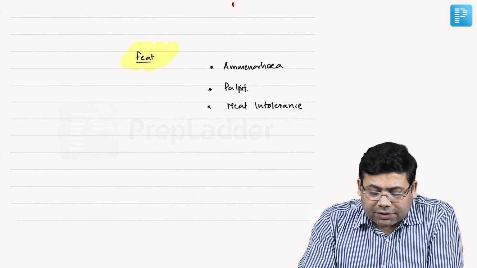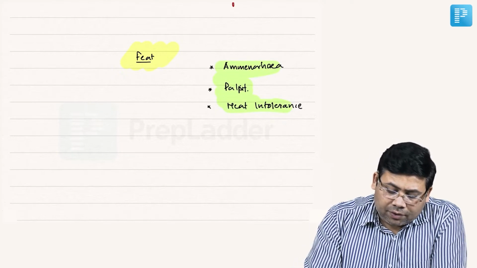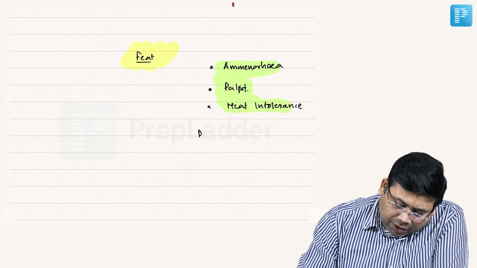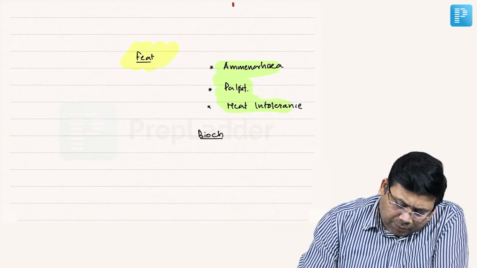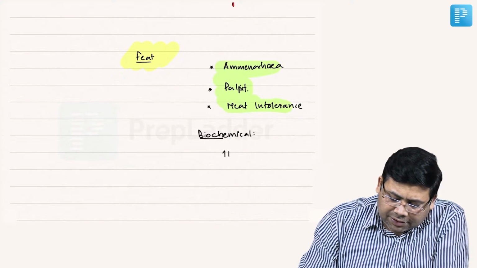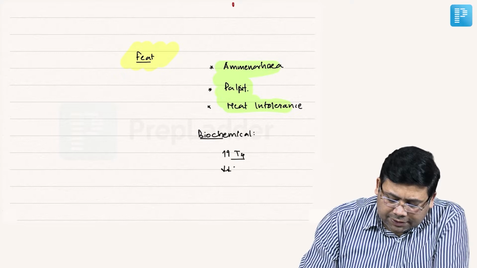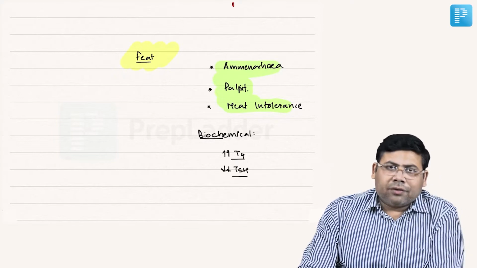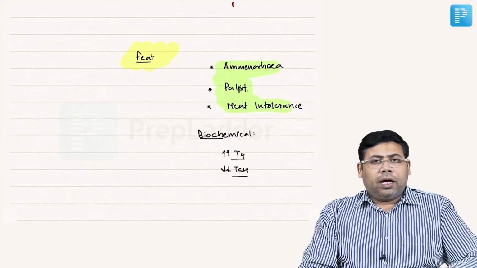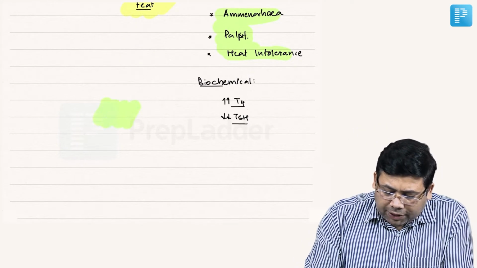They are classical features suggestive of what? Hyperthyroidism. And then if you see the biochemical profile of this patient, you'll understand that there is increase in T4 and there is fall in TSH. So now you are dealing with a case of hyperthyroidism. Now, what are the causes of hyperthyroidism?